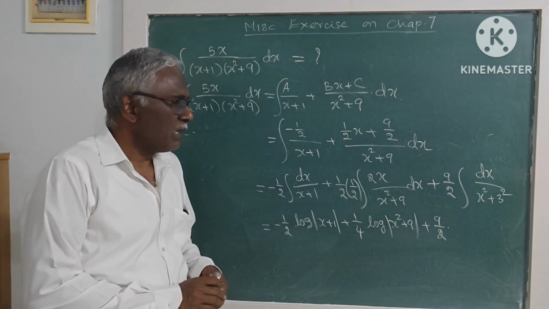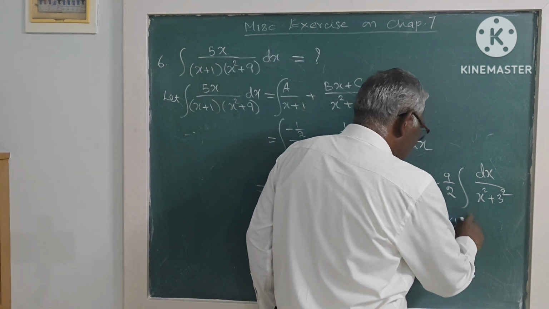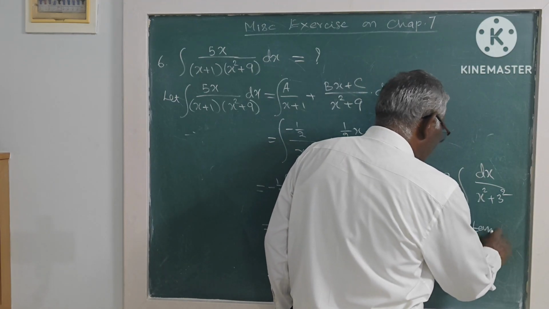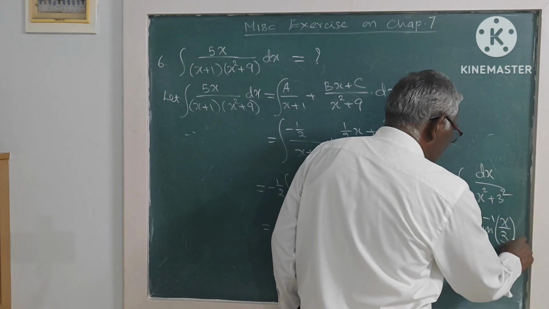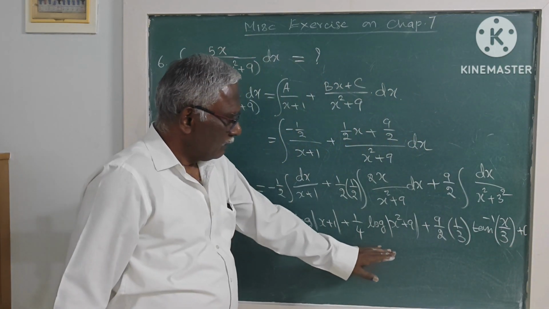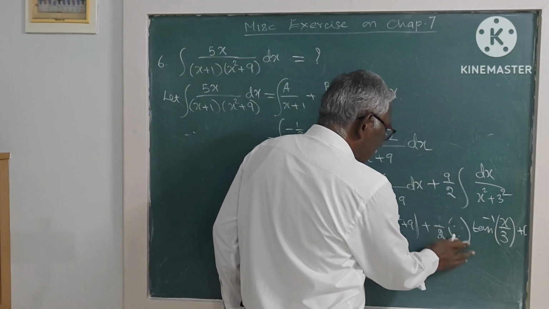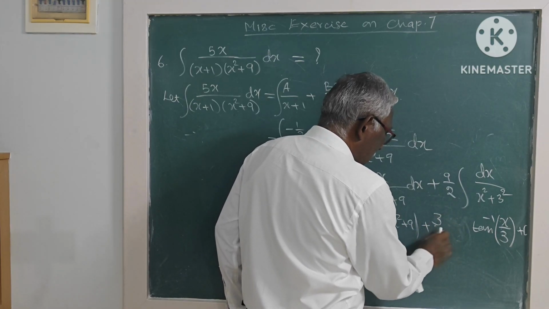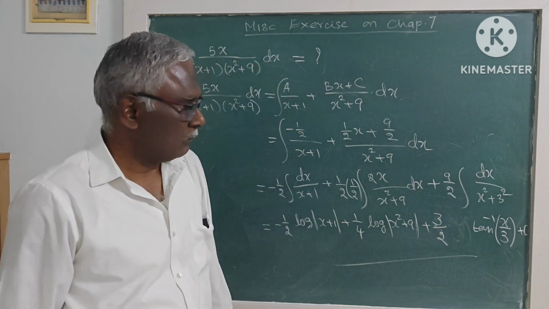What is integral dx by x square plus a square? That is 1 by a tan inverse x by a, a is 3 here, plus constant. Now simplify, 9 by 3. So I change this to 3 by 2. So this is the answer.